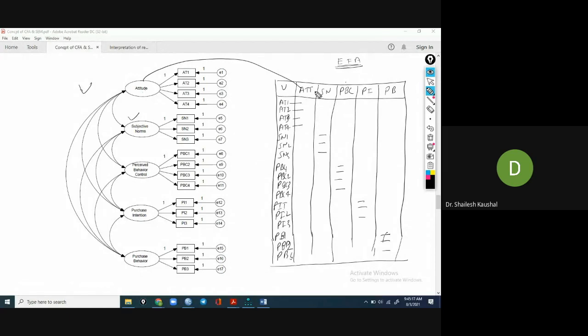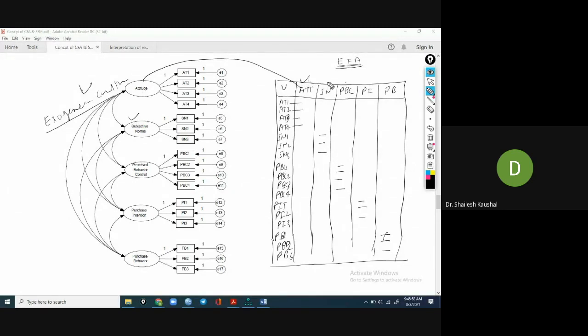One thing we should know is that in EFA or CFA, we treat all the constructs as exogenous. We do not distinguish whether a construct is endogenous or exogenous. When we conduct the exploratory factor analysis, we create a summated scale.